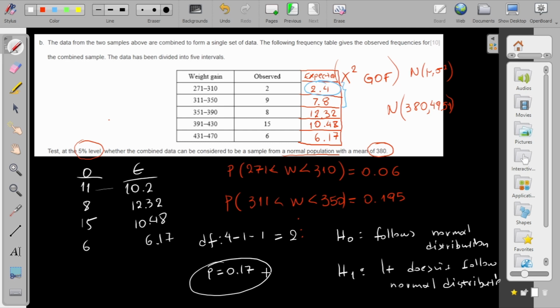So my value is 0.17, which is bigger than 0.05, which means I cannot reject the null hypothesis. So yes, I say that it is coming from a normal population.